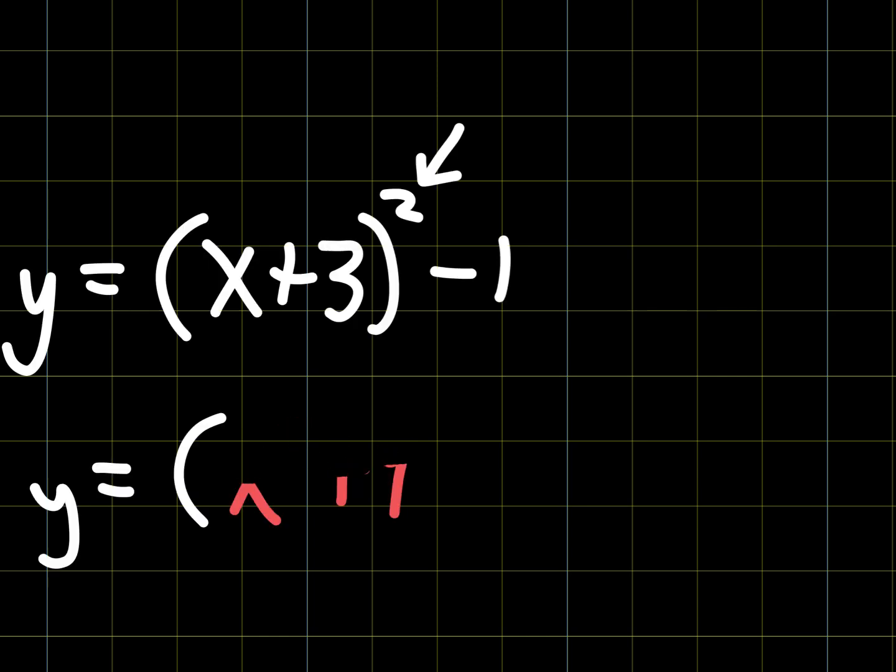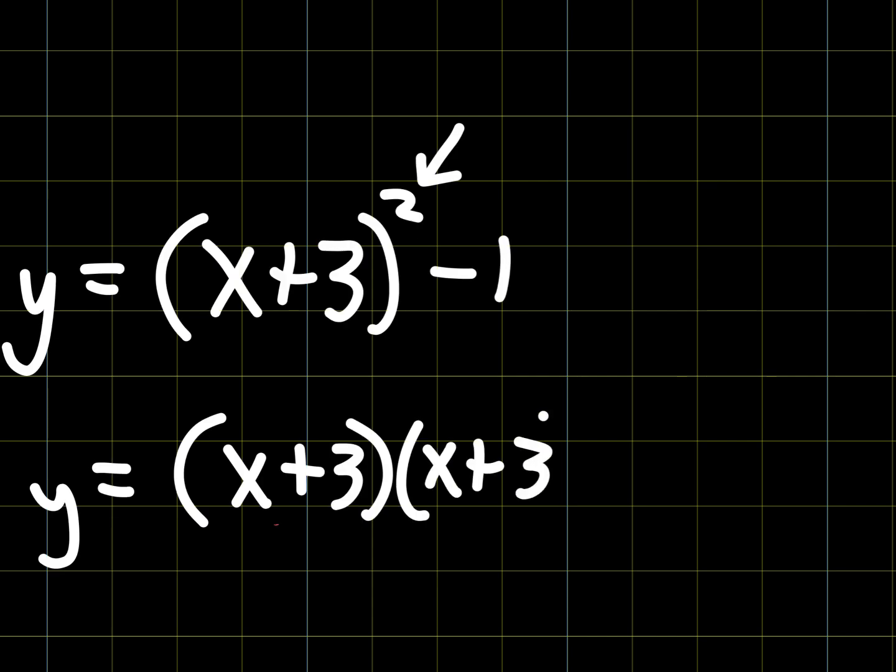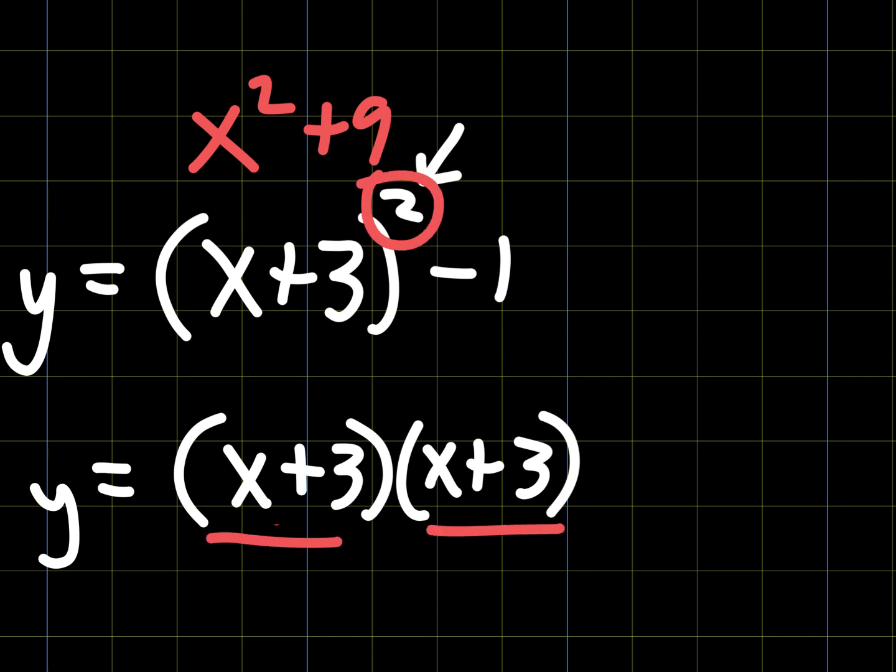No, that's not how it works. If you mean to write x plus 3 and another x plus 3, that is what you're supposed to do. Tons of people will do this x squared plus 9. It doesn't work. It's not right. Because squaring really means timesing by yourself, and that's got 4 parts, not 2 parts. It's got 4 parts to the answer.